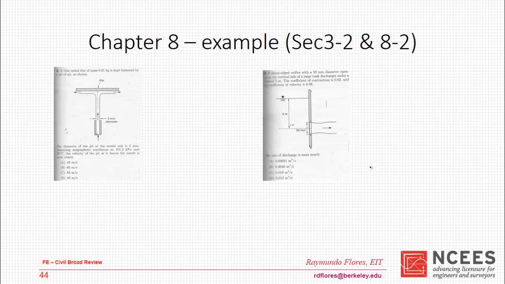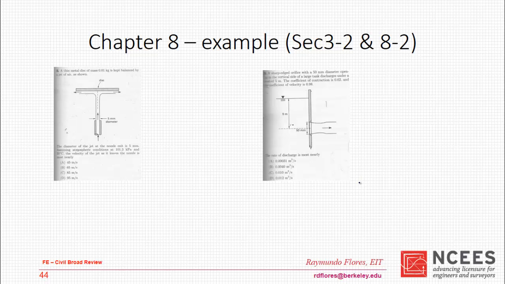Clearly it's this type of situation that we have for problem 8.2. For this type of problem, the equation that we're going to use is Q equals C times A naught times the square root of 2gh, where h is the head.